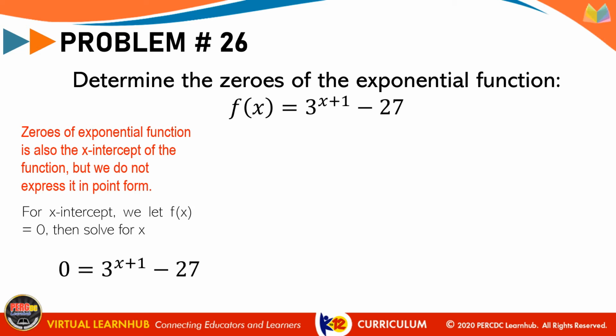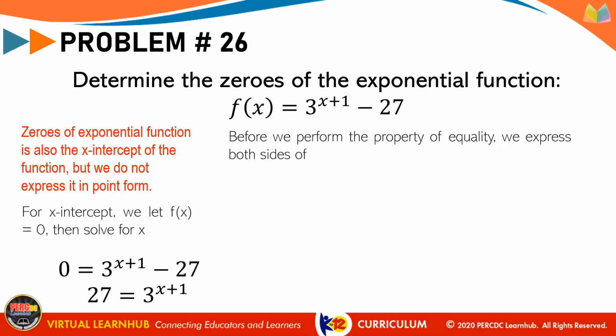We have 0 equals 3 raised to x plus 1, minus 27. By addition property of equality, adding 27 to both sides gives us 27 equals 3 raised to x plus 1.